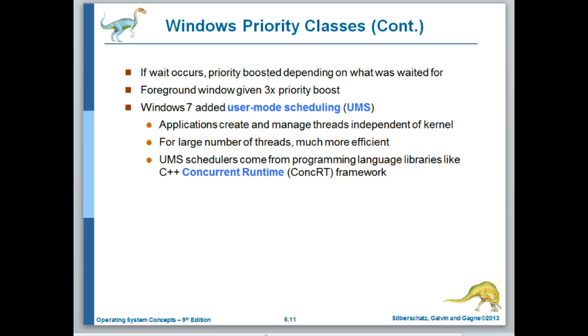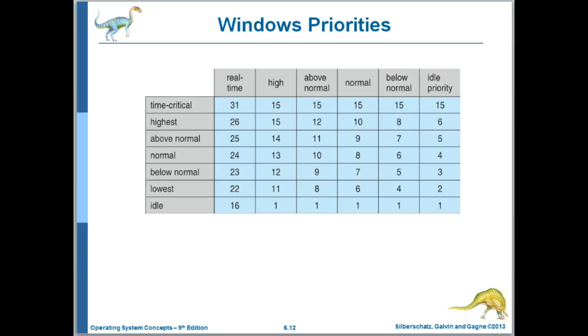And if a process has to wait, it doesn't use up its entire quantum. You can see that its priority is boosted, and for good interactive response, the foreground window is given a 3 times priority boost. Right, and here's a table of the Windows priorities. So in Windows, a higher priority number implies a higher priority.